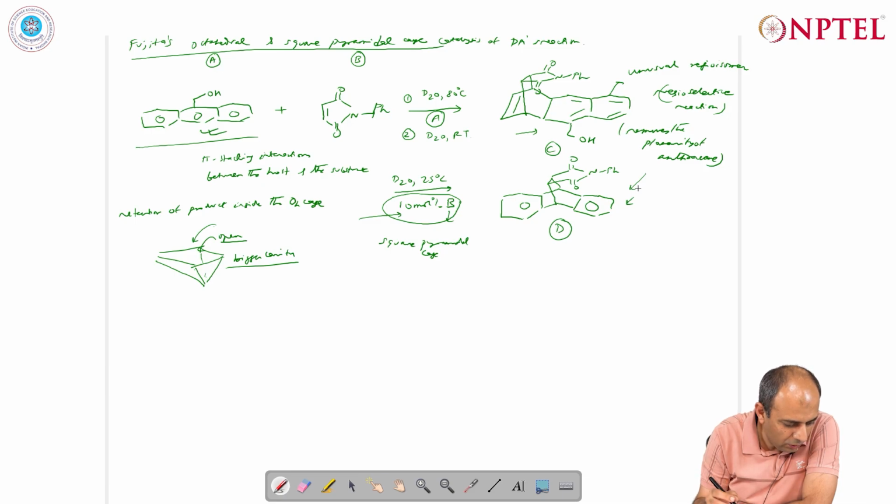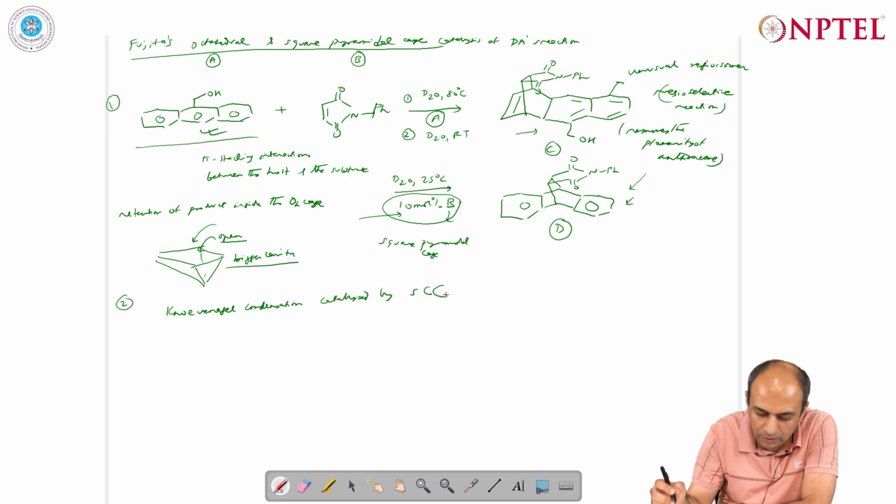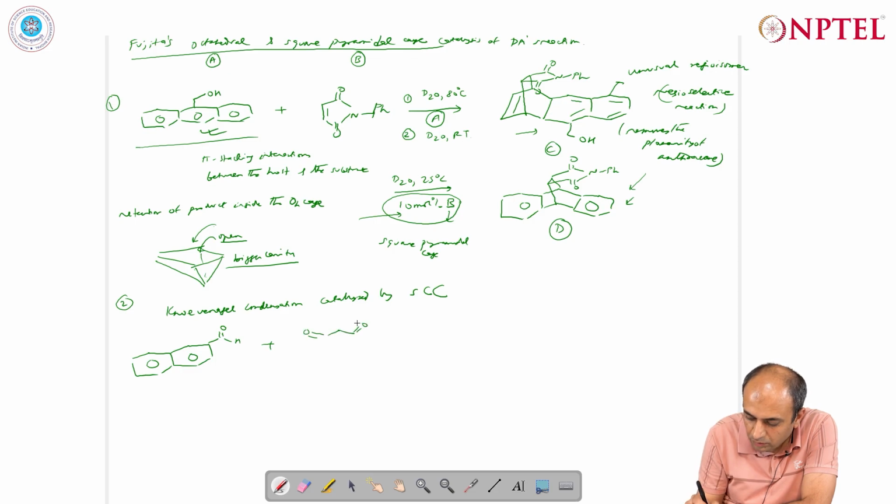Along the same lines, we can also have, so this is the first application. The second application is the Knoevenagel condensation catalyzed by supramolecular coordination cage. Again here we are doing this reaction with Meldrum's acid.